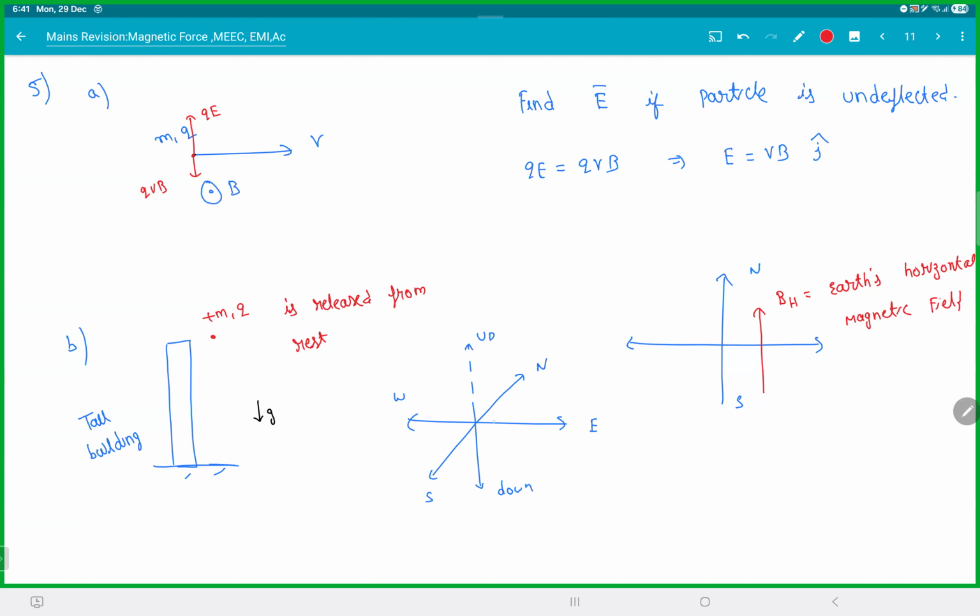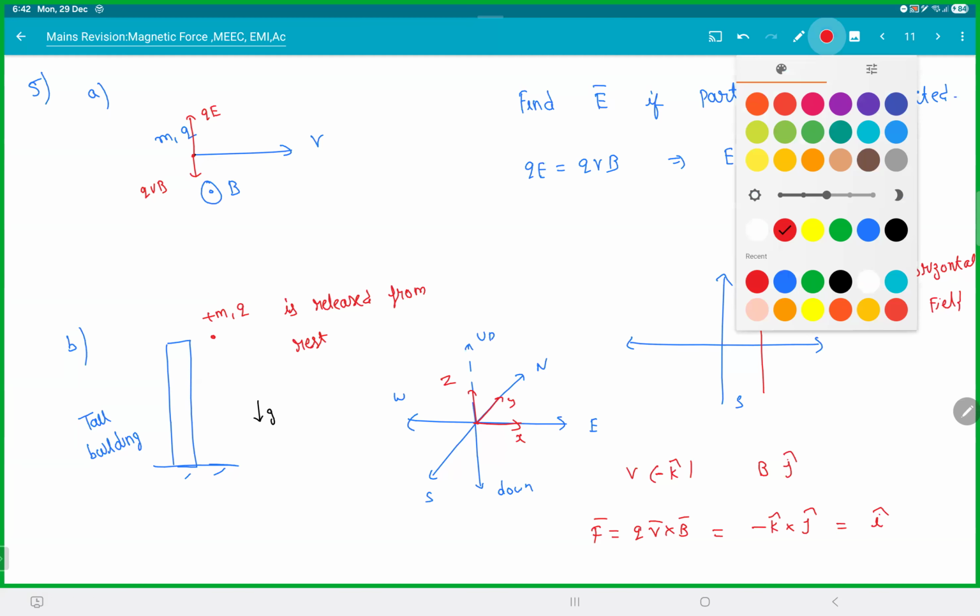So for convenience, let's take this as X, this is Y and this is Z. So your velocity is minus K cap. Your magnetic field is J cap and you're asking for the force Q V cross B, which is minus K cross J cap. What is K cross J cap? I cap, na? That means the force is going to go east.